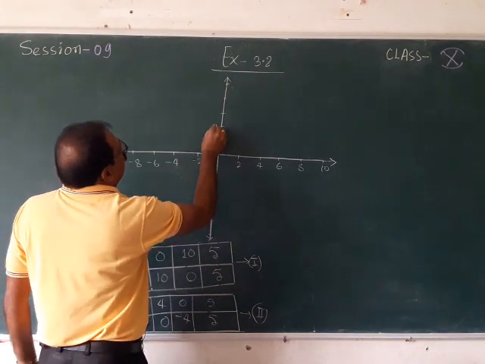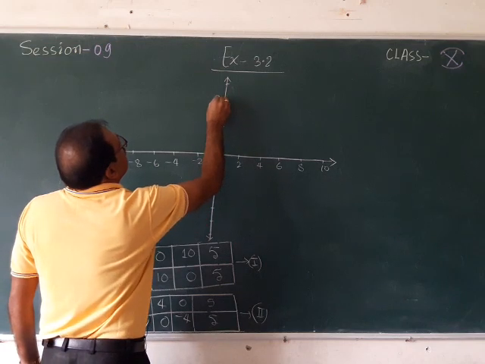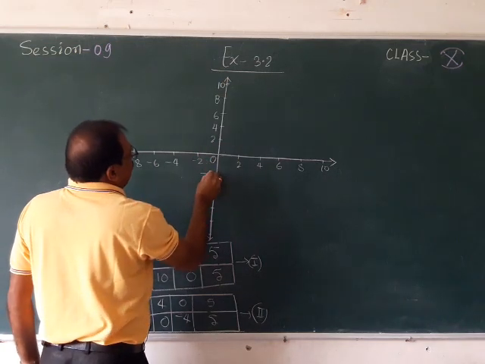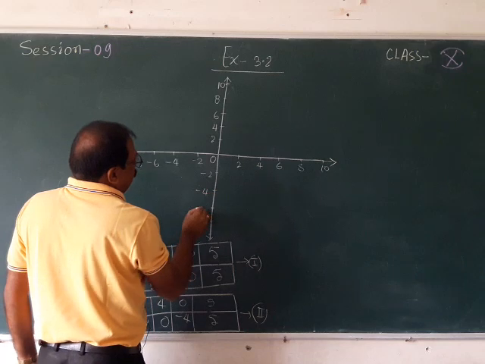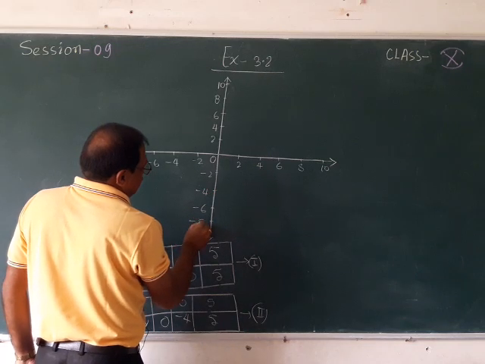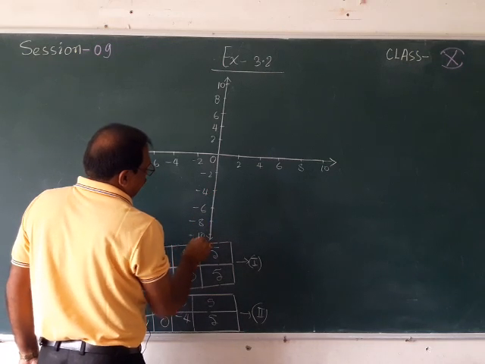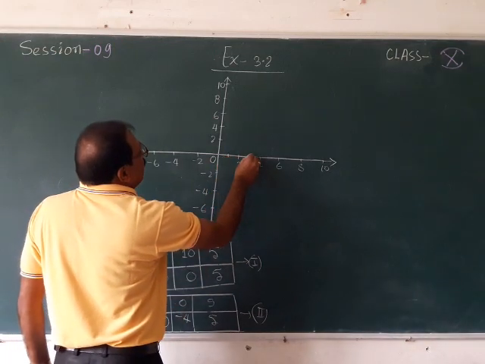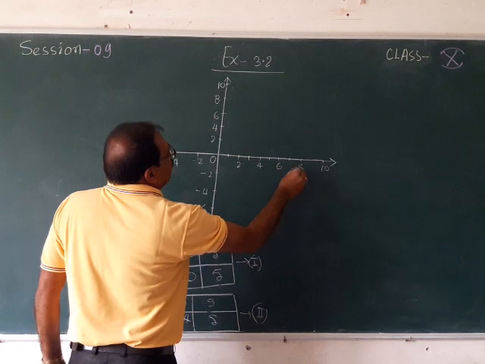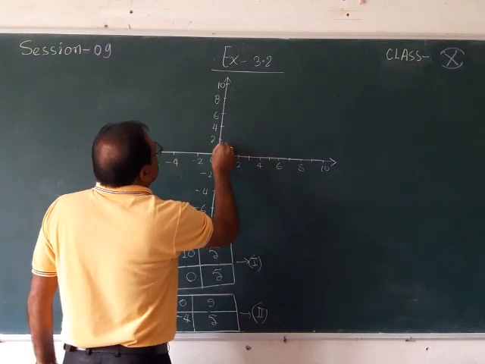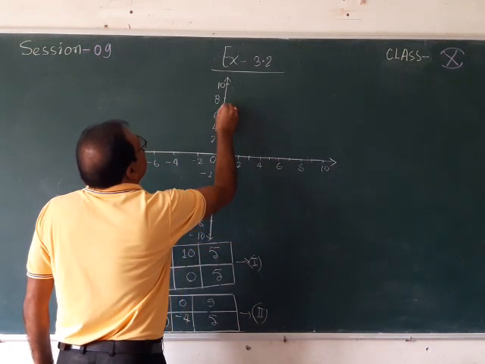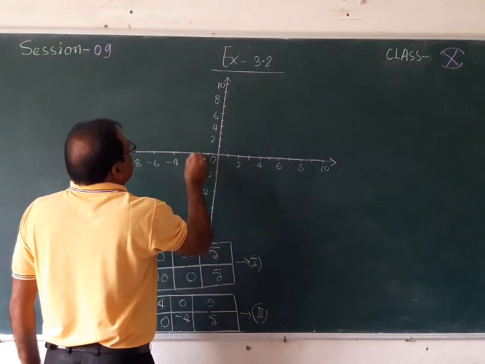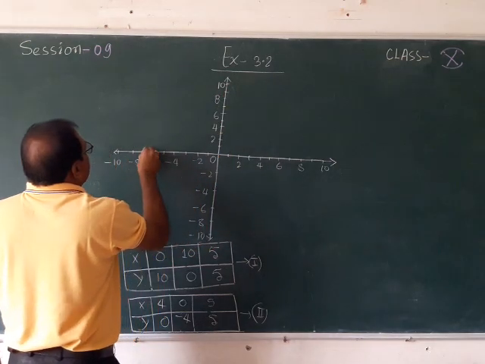Here 2, 4, 6, 8, then 10. Here -2, -4, -6, -8 and here -10. Now you can understand that here there is 1, there is 3, so in between, just in the middle, I am taking one point so that I can represent the numbers smoothly on this graph sheet.